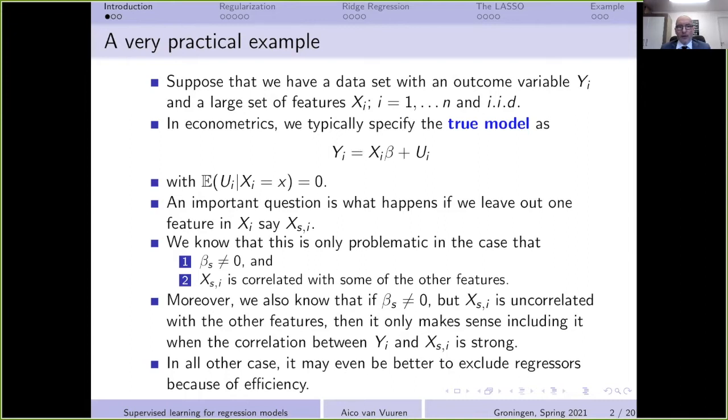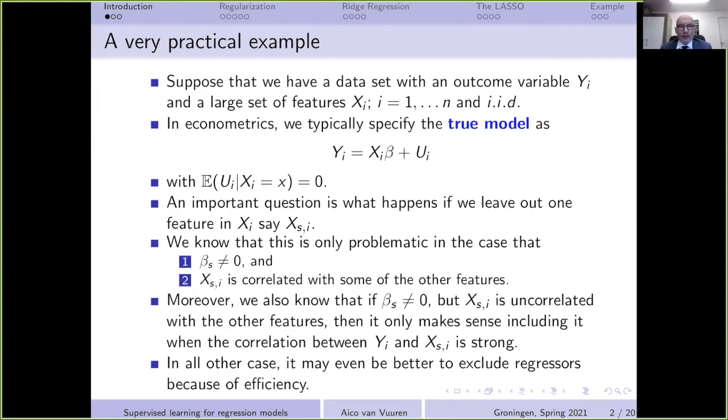At the moment that this XS is completely uncorrelated to all of the other features, then even in the case that beta S is not equal to 0, I can leave out my XS without risking that I'm going to get an inconsistent estimator. That's an important thing to realize.